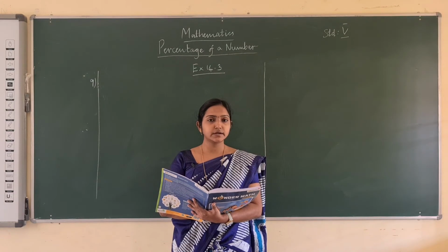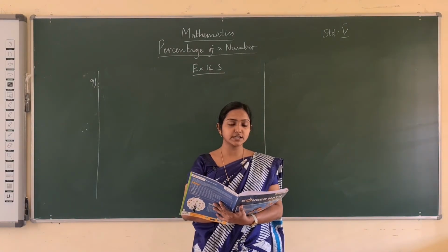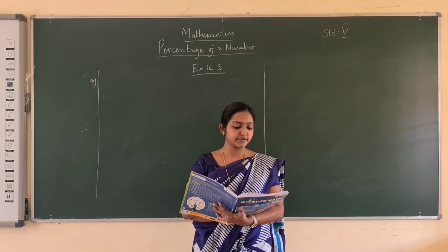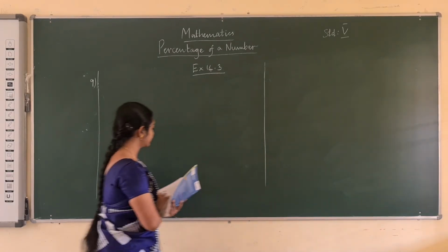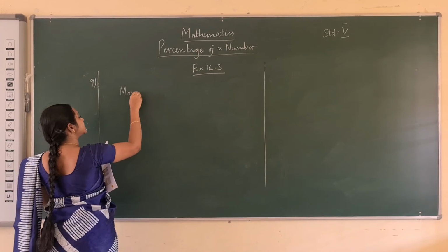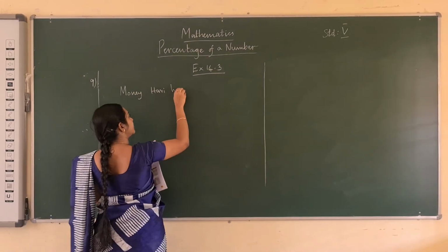Ninth question is, Hari has 1 lakh. He gives 36% of the amount to his wife, 25% each to his son and daughter, and keeps the remaining amount. How much money does Hari keep for himself? The first information given is the money Hari has is equal to 1 lakh.